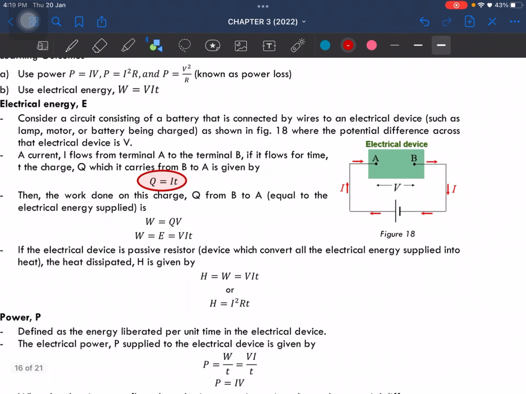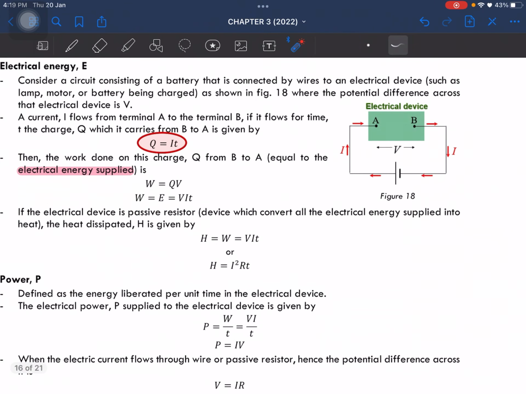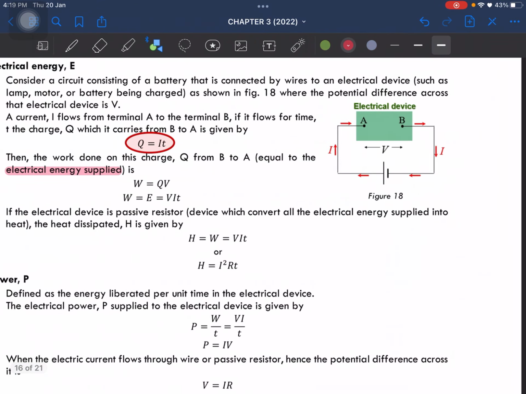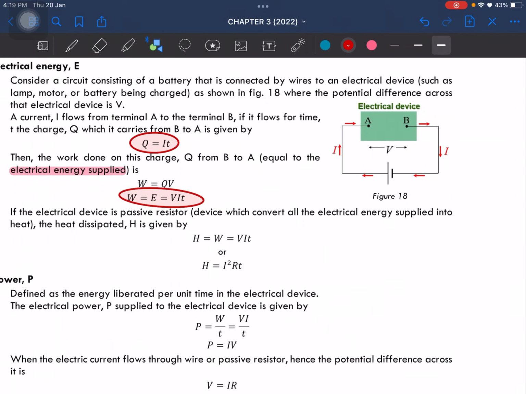The work done on this charge Q from B to A is equal to the electrical energy supplied. Remember, charge moves from negative to positive. So we can calculate that electrical energy by using this equation here.